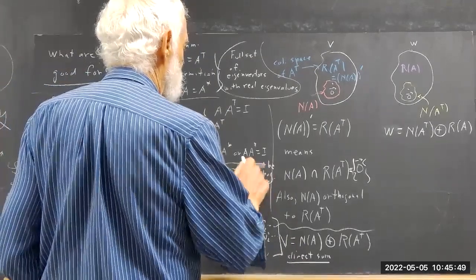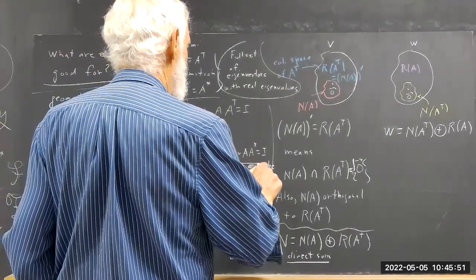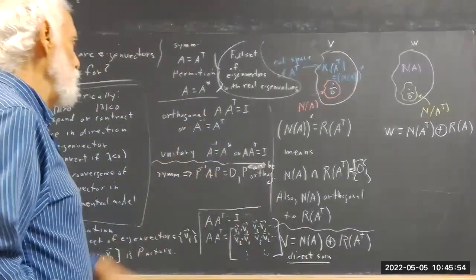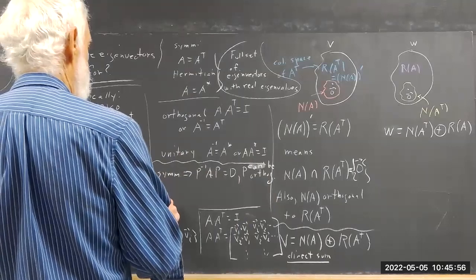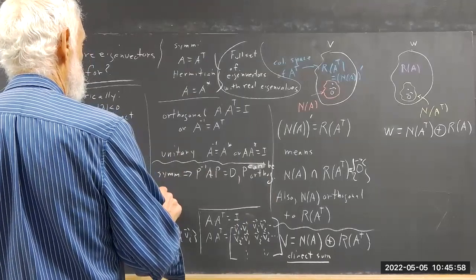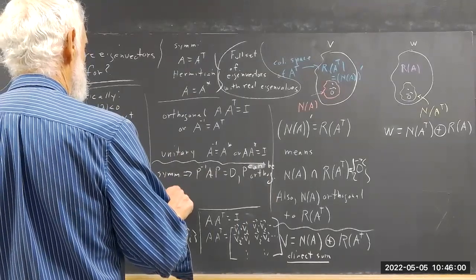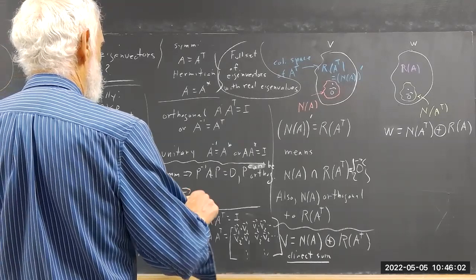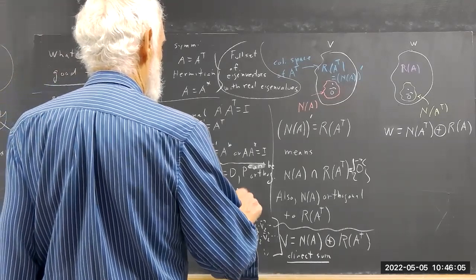Could means maybe it could, maybe it couldn't, but it can be orthogonal. And Hermitian implies the same thing.